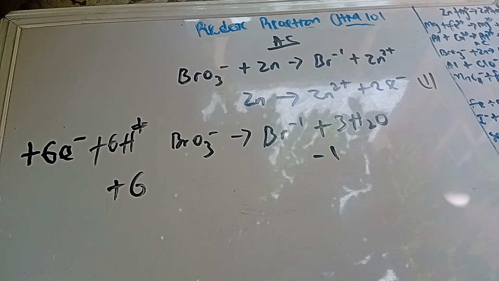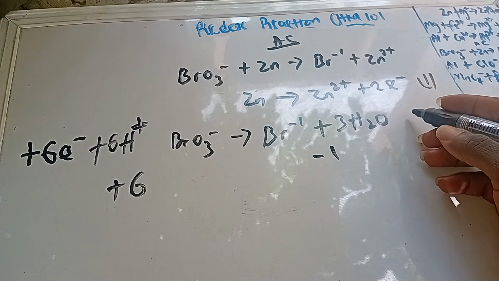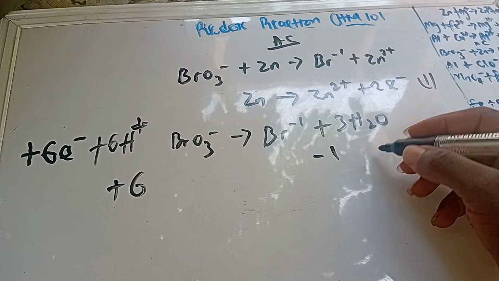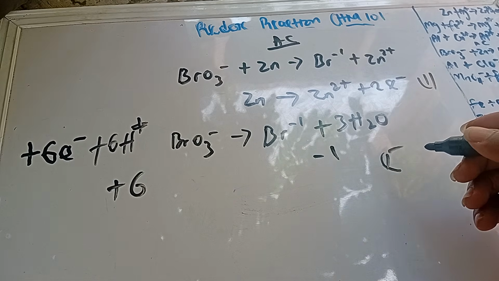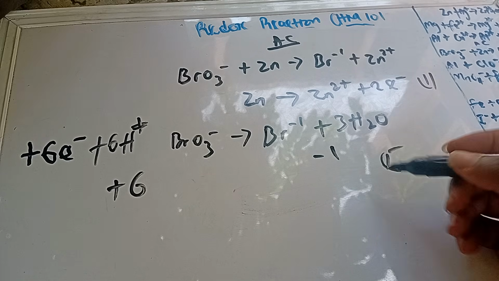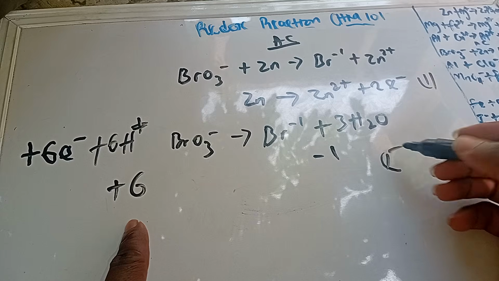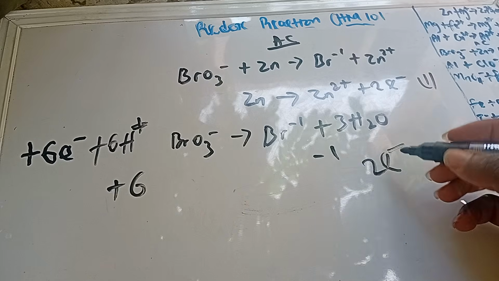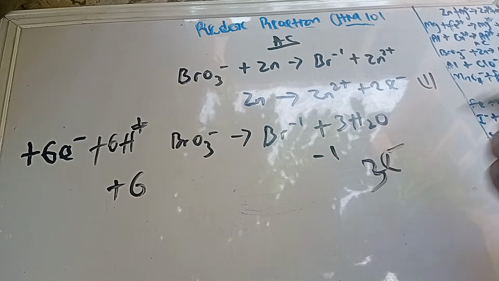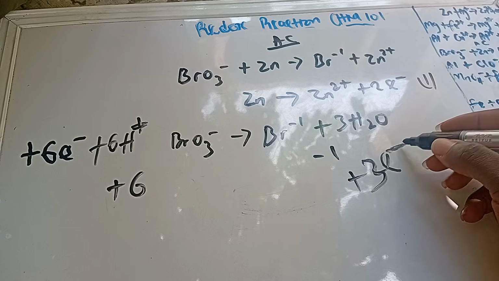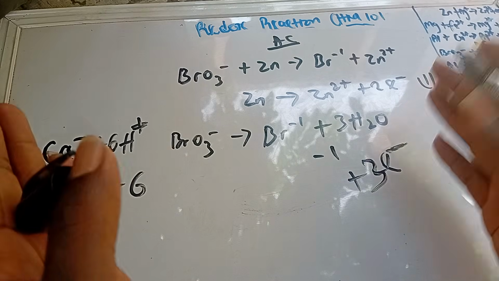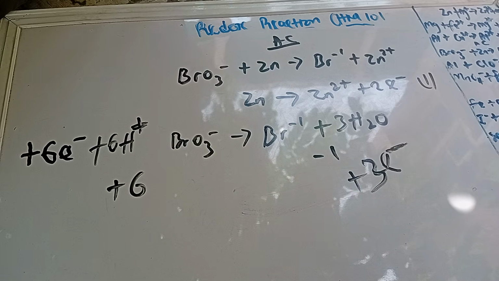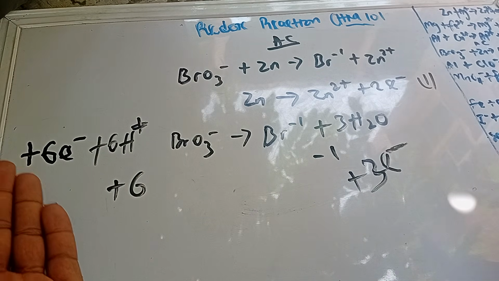If you add 6e minus here, how can you make this equal to 6 plus? This is negative. If you add 1, this will become minus 2. If you add 2, this will become minus 3. If you add 3, this will become minus 4. Since the charge on an electron is negative, this place can never be positive. So we can never make these two balanced no matter what we do. That's why the electrons must be added to this side.